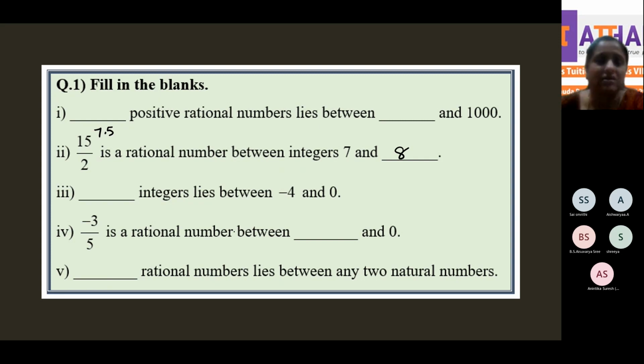How many integers lie between -4 and 0? Yes, answer 3. Ma'am, is it 3? Somebody said negative. Who's that? Shreya, ma'am. Okay.